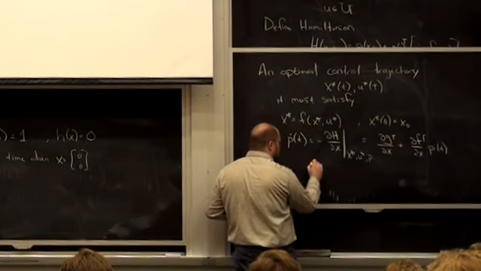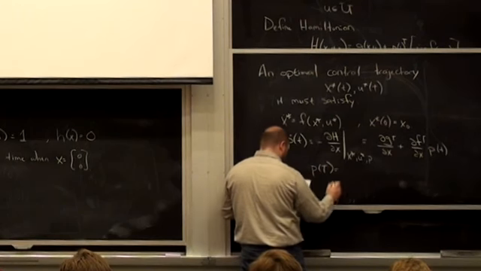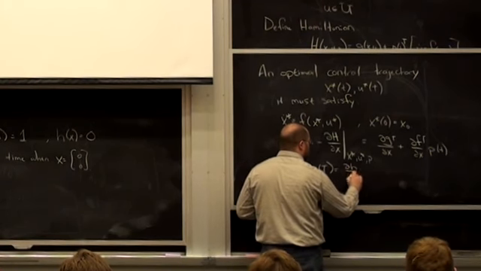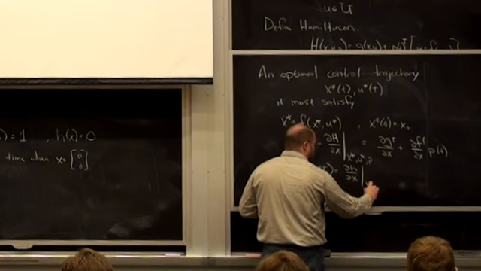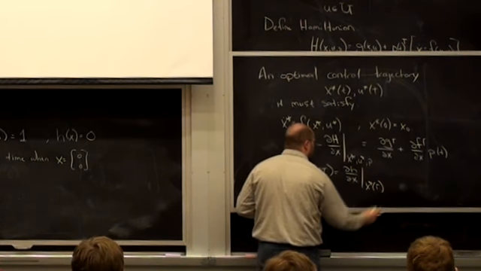And this auxiliary variable that we had has to be the gradient of partial H evaluated at x star of T.